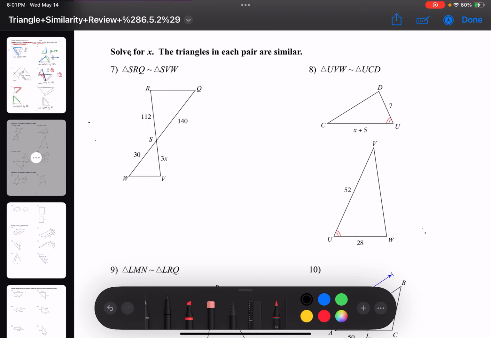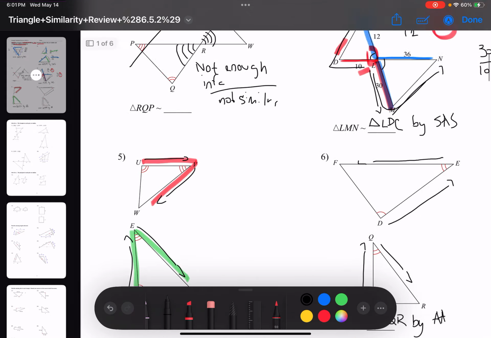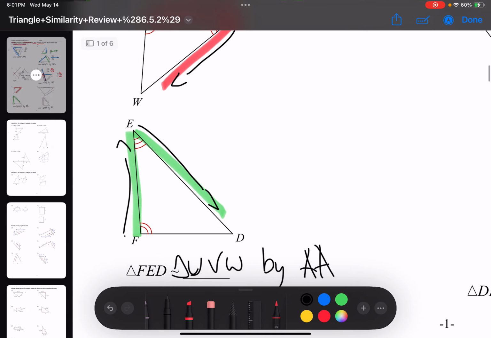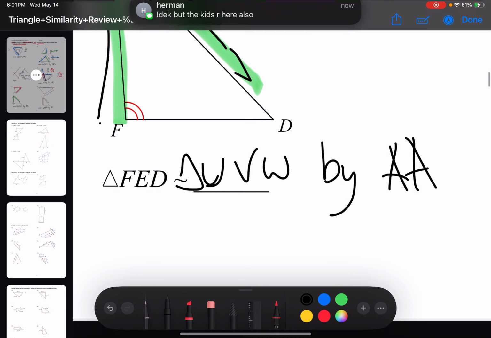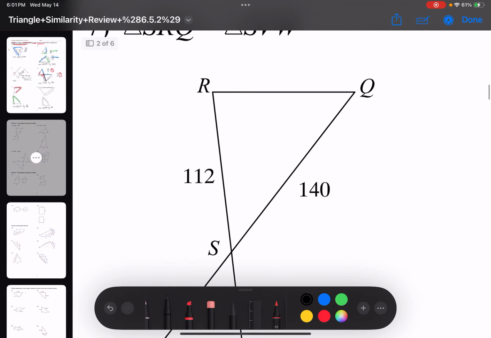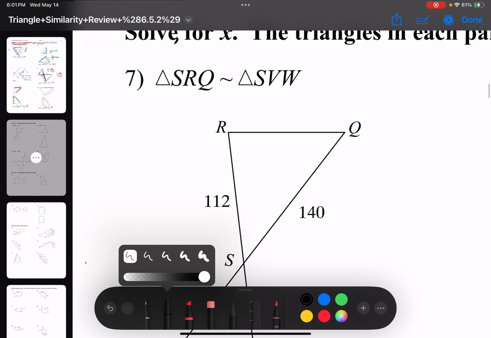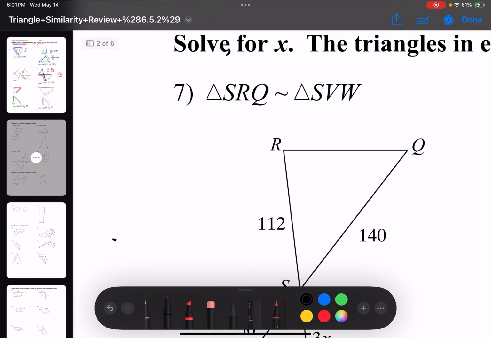So you know how in the last one we had to figure out which sides to highlight, like talking about two swoop to three swoop, to figure out how to label it correctly? It tells us right here. It's telling us that S to R, and then R to Q is a separate line.